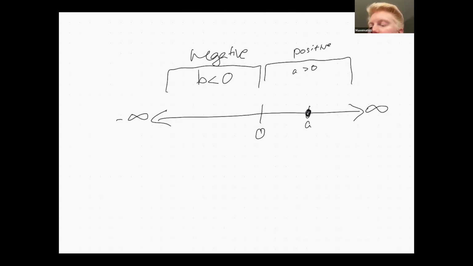Now, to go over some of the other properties that we just talked about, we could say that A is greater than B in this case, or we can say B is less than A. They would say the same thing.